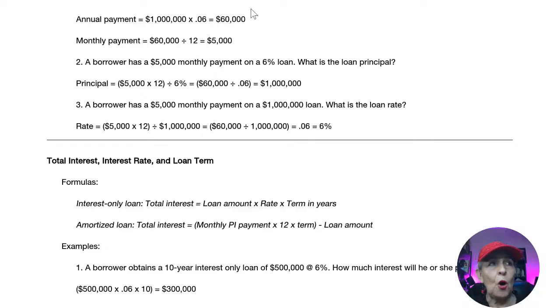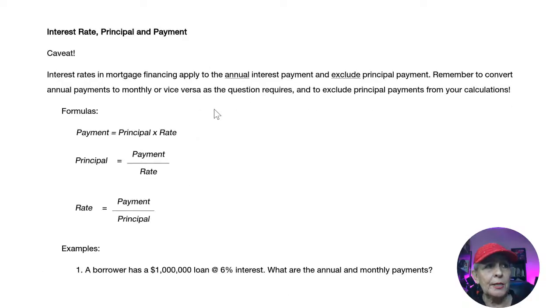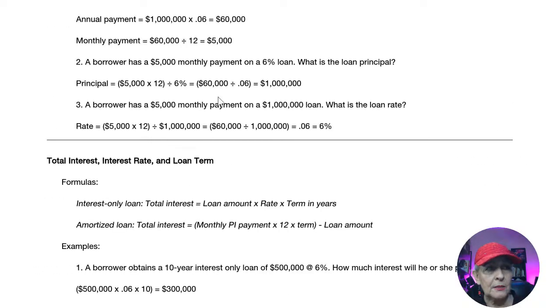So for the whole year, the interest rates are annual, right? They're annual interest rates, not monthly interest rates. So you multiply the value times the interest rate, gives us 60,000. So 60,000 is what we're paying for interest for the whole year.